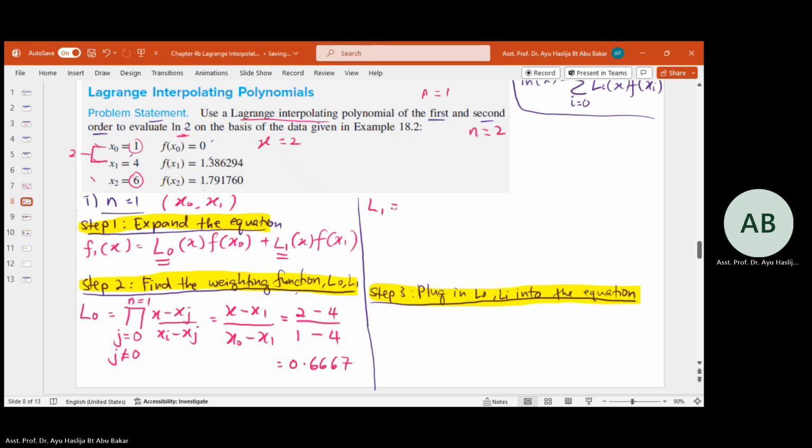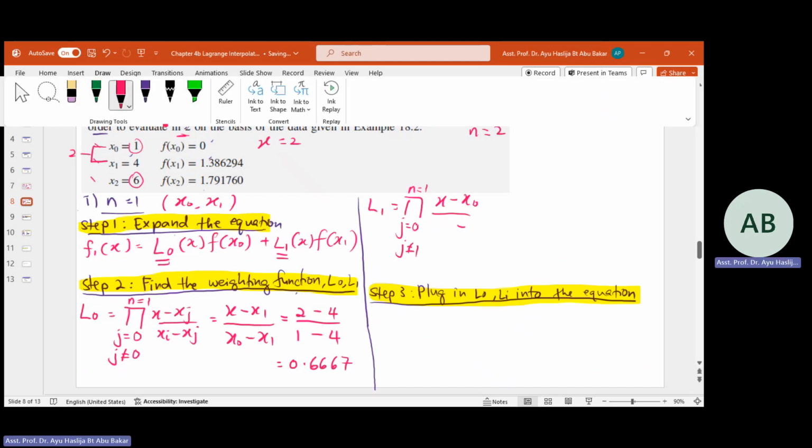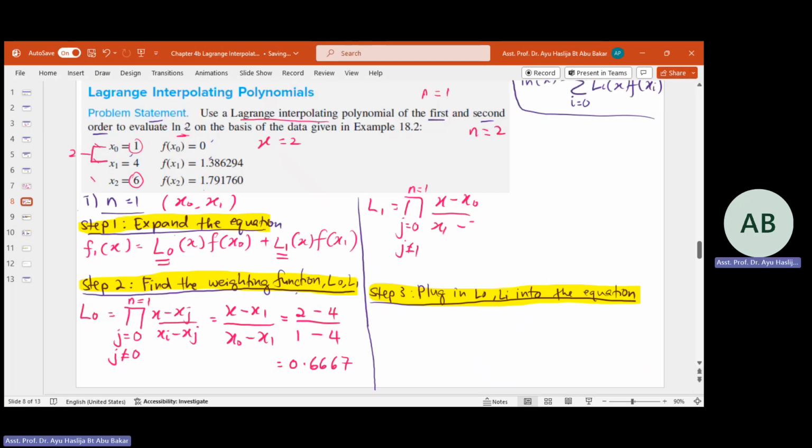Then L1. Remember j must start from 0, but j cannot be 1. So it involves x minus x0, over x1 minus x0.